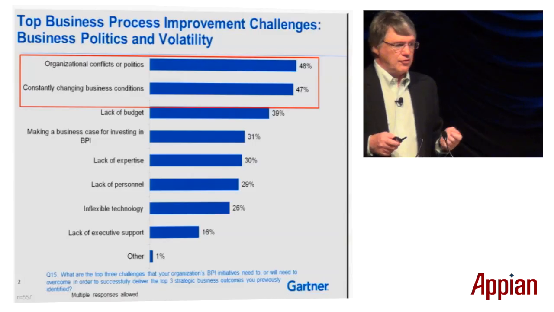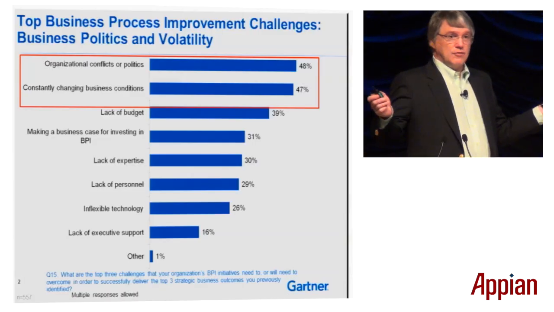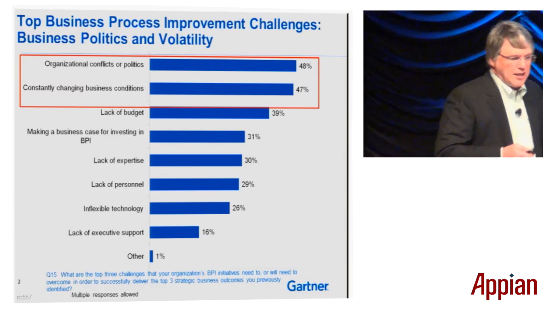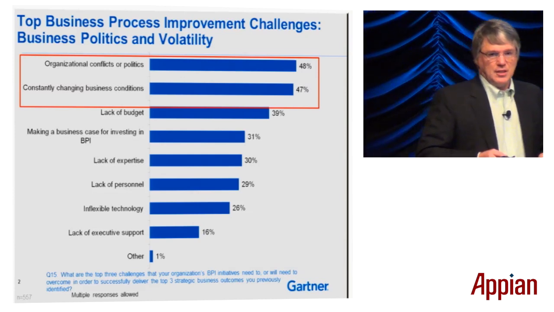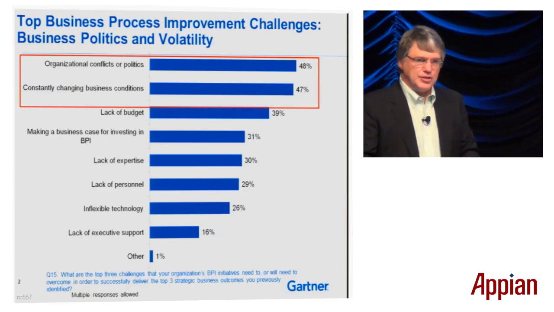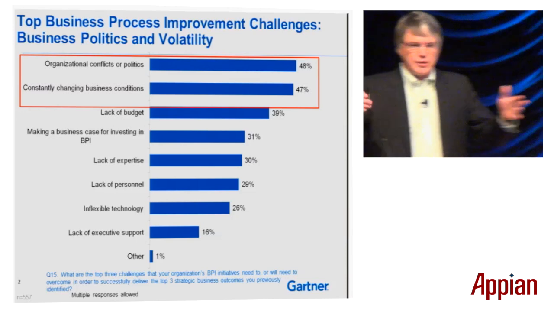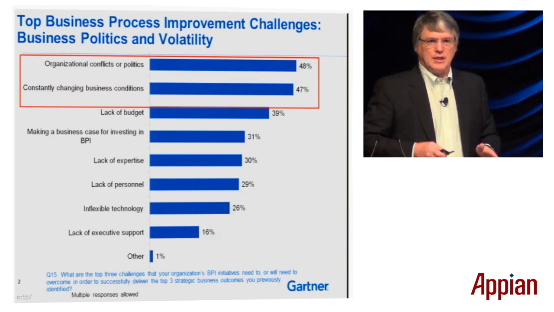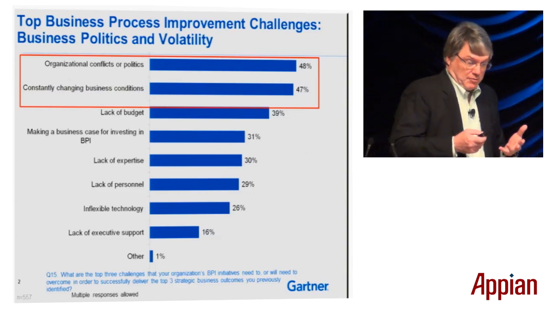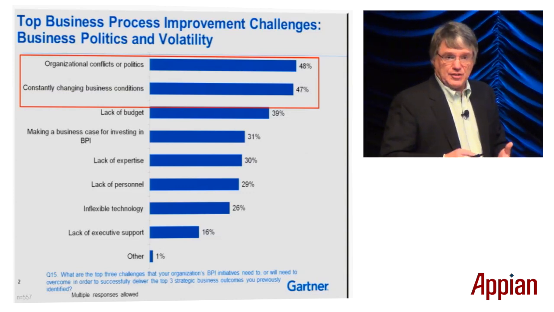organizational conflicts or politics. No surprise there. Culture change is hard. And of course, constantly changing business conditions. The idea that a process stays pretty static, pretty rigid, pretty uniform for years on end, that's history. It's constantly changing. And the pace of change demands that, especially people, be able to adapt to that change more quickly.